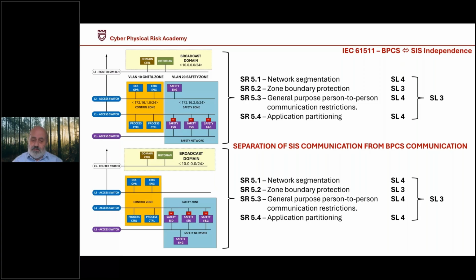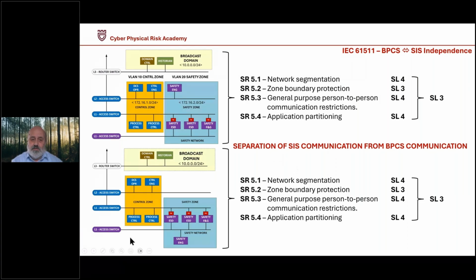That signal now goes over the safety network, whereas in the previous architecture it would go over the shared environment, BPCS and safety, which is more risky from an attack perspective. The bottom architecture goes one step further, bringing the safety engineering station also onto the safety network.